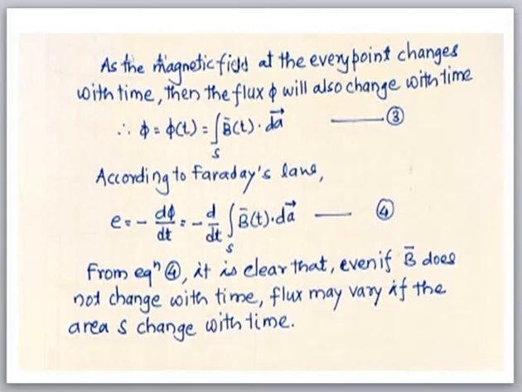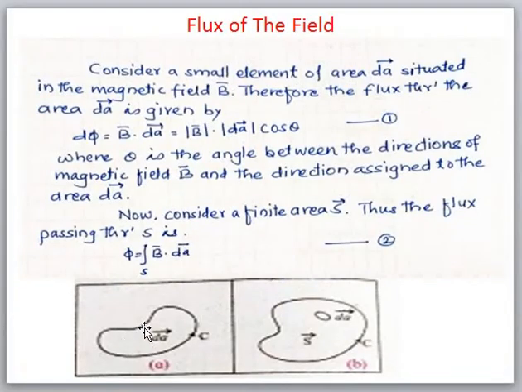The rate of change of flux d phi by dt is related to the work done to take a unit positive charge around the contour C in reverse direction. This unit positive charge is moved in clockwise sense. This work done to take a unit positive charge around the contour C in reverse direction is just the EMF.